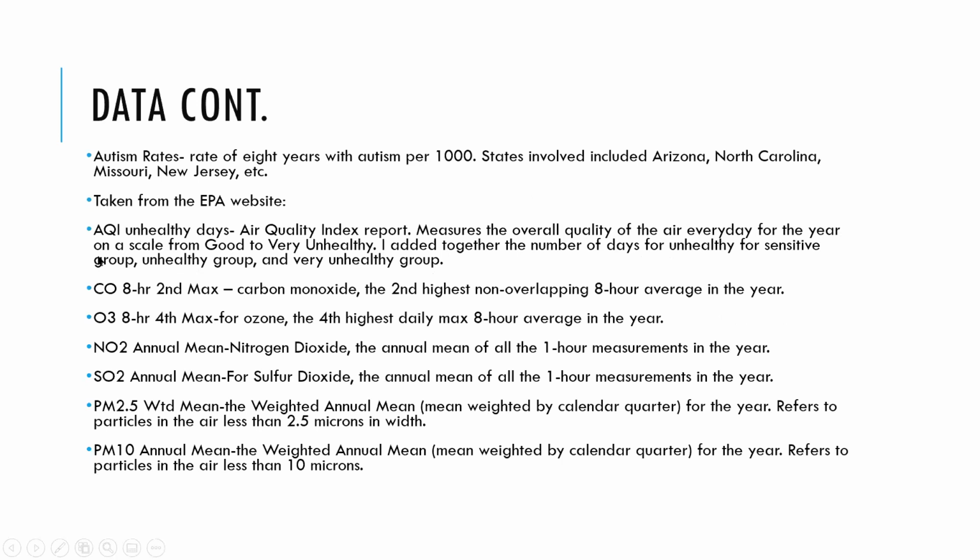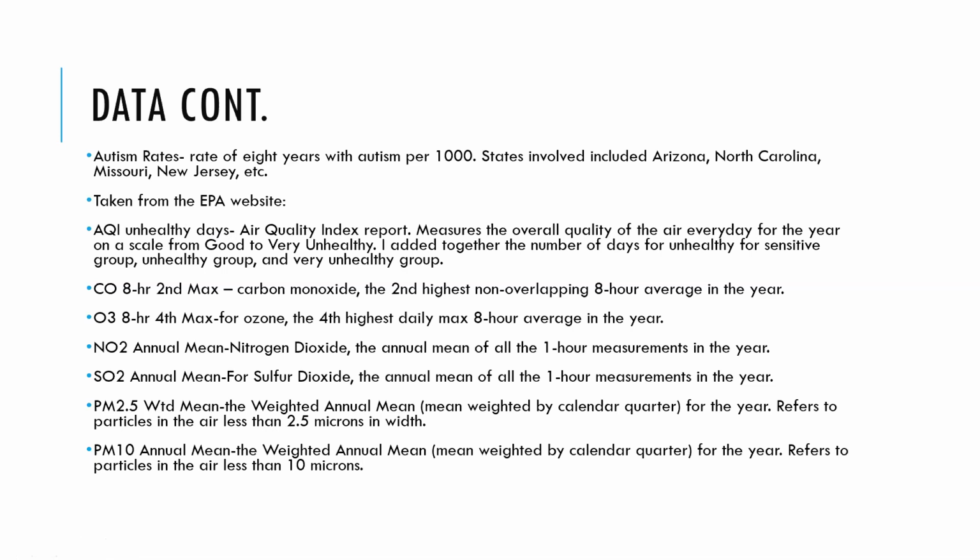They had data for unhealthy days, which they didn't really specify what they qualified as an unhealthy day, but they had it qualified from very unhealthy to a good day, and I just added up the unhealthiest days to make up that variable.